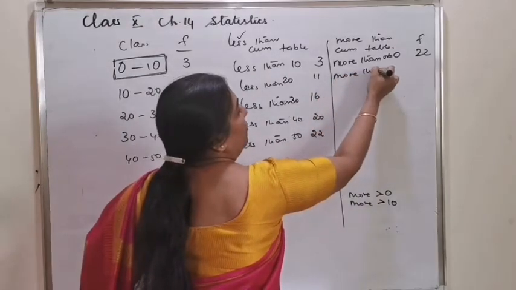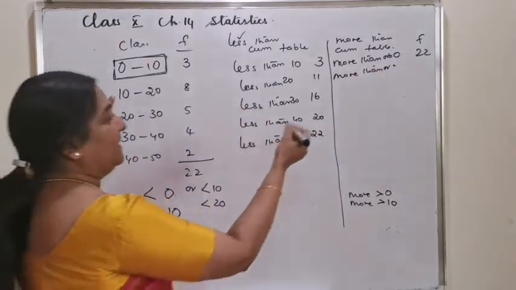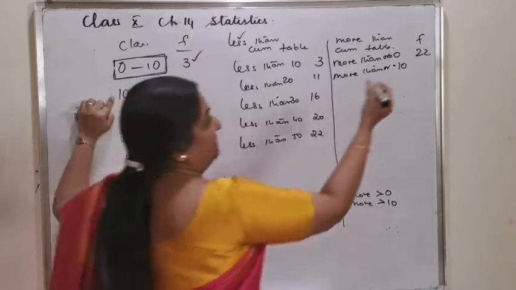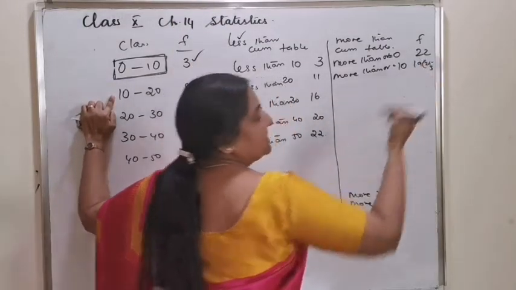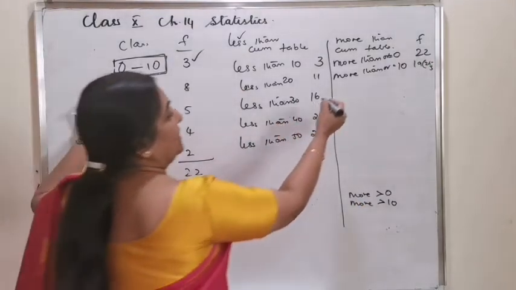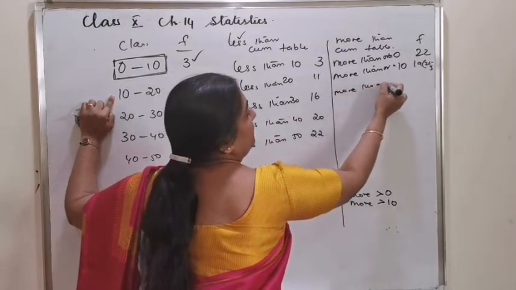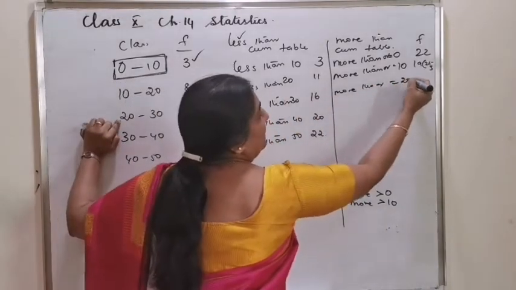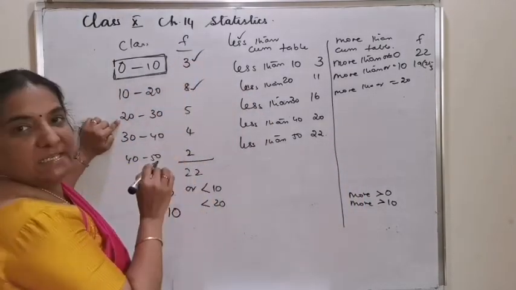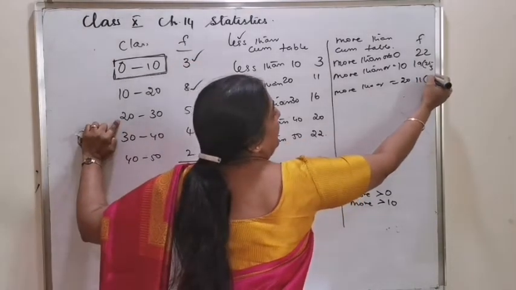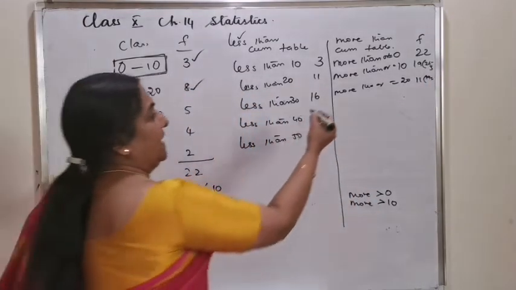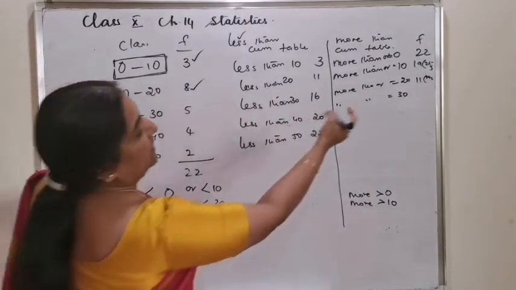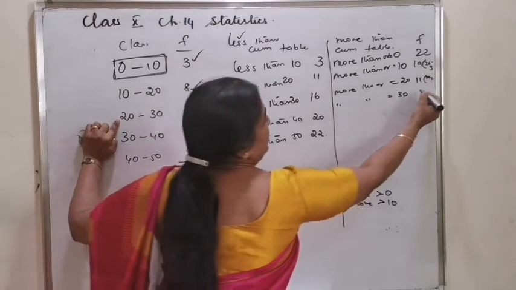Next one. More than or equal to 10. That means 22 minus 3, 19. Next, more than or equal to 20. It is 19 minus 8, 11. More than or equal to 30, which is equal to 11 minus 5, 6.